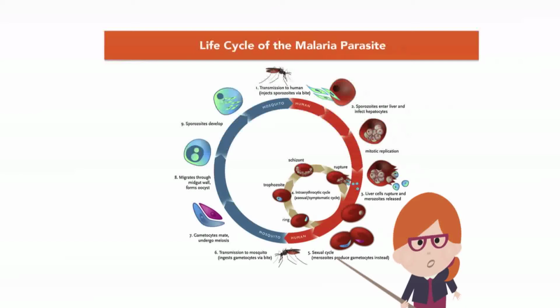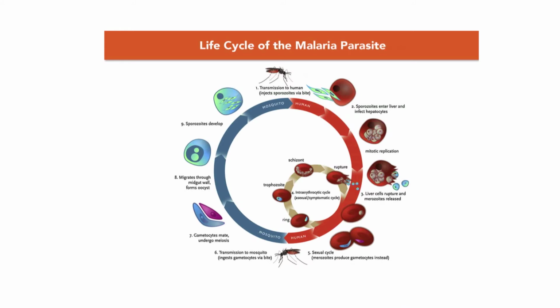This rupture releases thousands of new merozoites, a few gametocytes, and toxins into the bloodstream. The merozoites can infect new red blood cells and repeat the cycle in the same host or person.